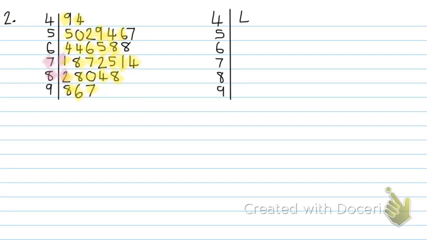On the right hand side now is my neat correct one. So if I look at this 9 and 4, I need to change the order so it's first the 4 and then the 9. Then at the 50s, I'm going to start with 0, 2, 4, 5, 6, 7, 9.